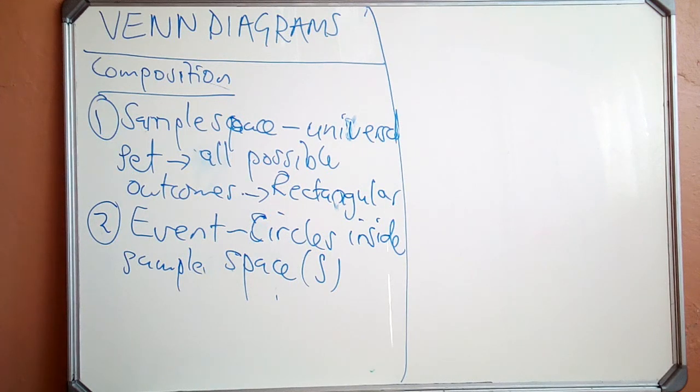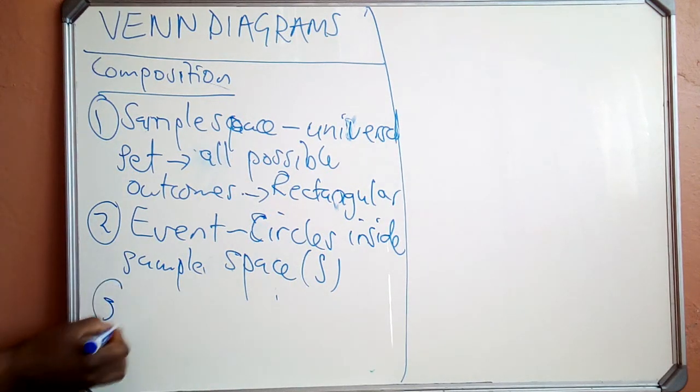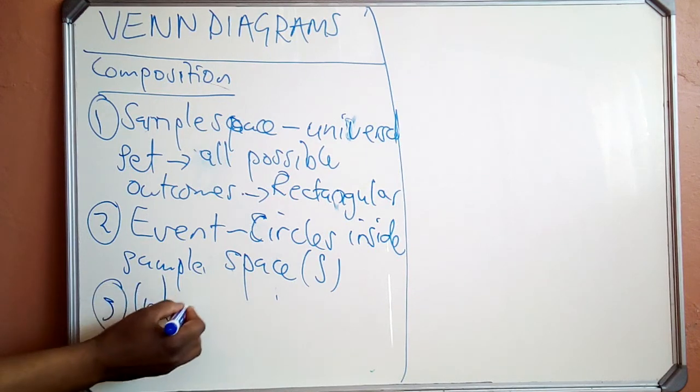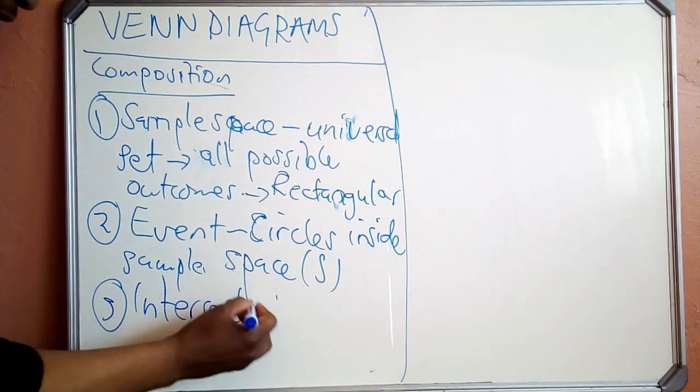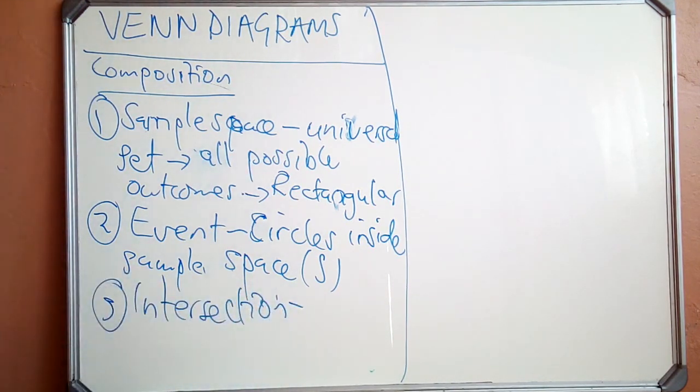And then we've got the third, which is the intersection. The intersection is where, for example, the circles overlap each other. This is where the outcomes for which both events occur are found.